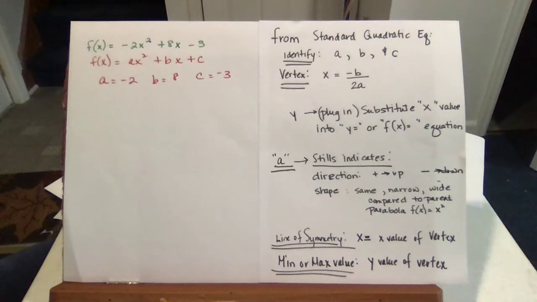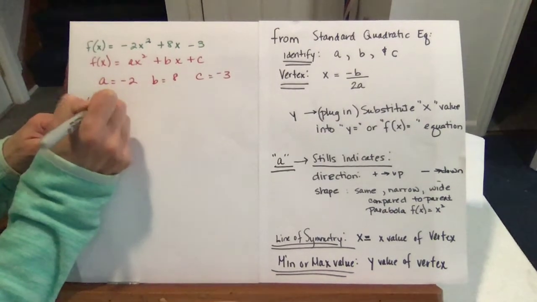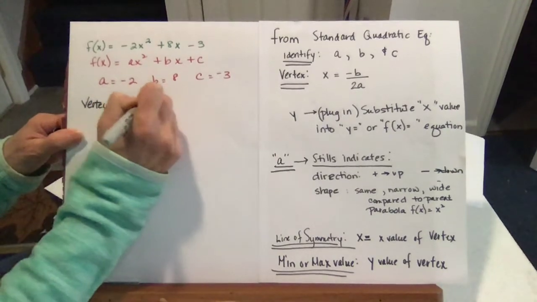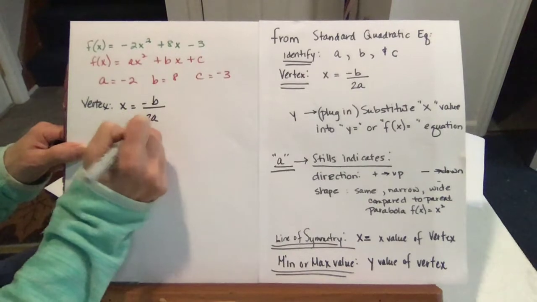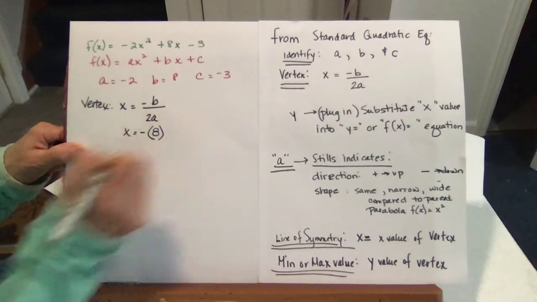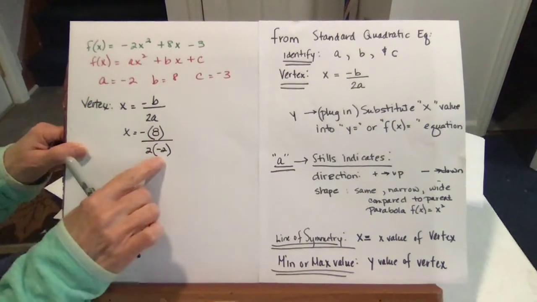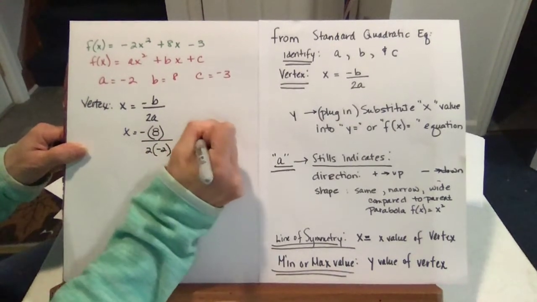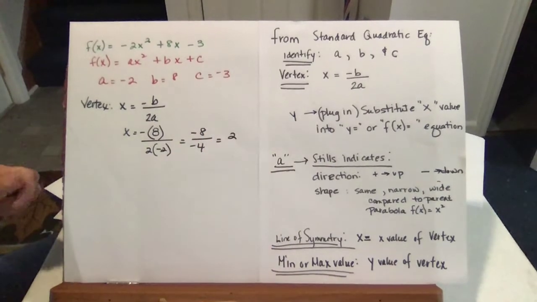All right, so we're going to now get our x value for our vertex. X value is the opposite of b all over 2a. So x is the opposite of 8 all over 2 times -2, because our a value is -2. That's going to give us -8 over -4, which reduces to 2.